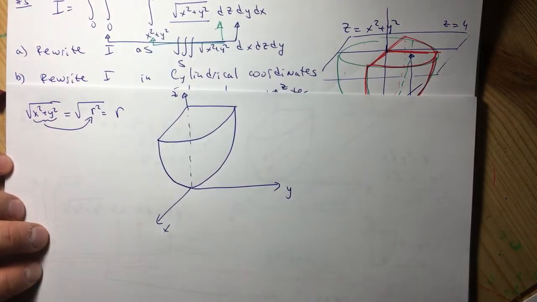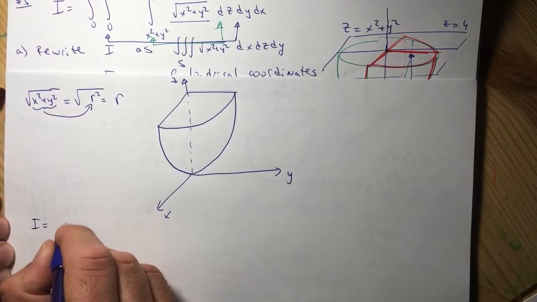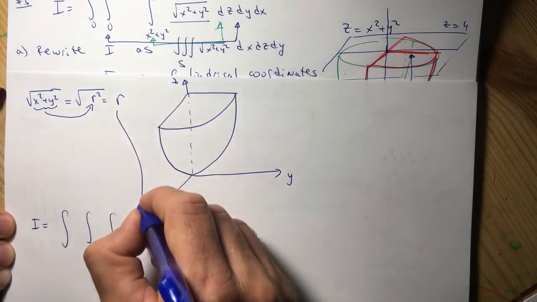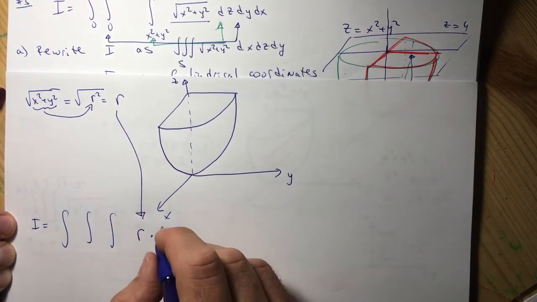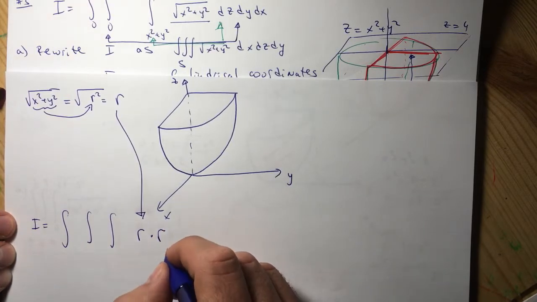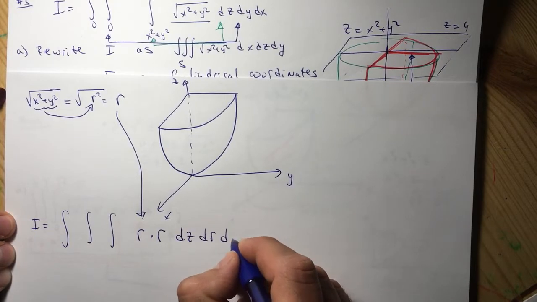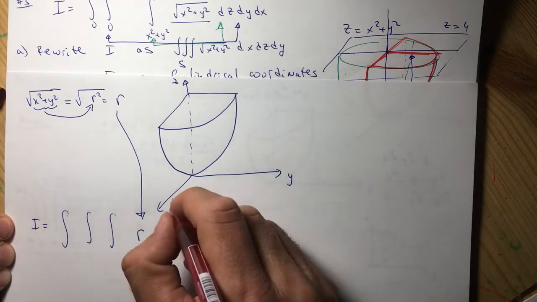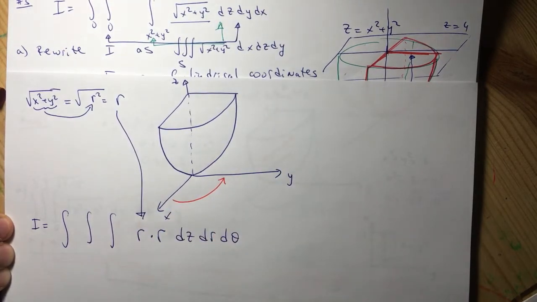Okay, which means my integral in cylindrical coordinates is going to have the integrand r times, and now it's very important, don't forget the Jacobian, r dz dr d theta. Okay, now theta is very simple. Why? Because theta goes from 0 to pi over 2.